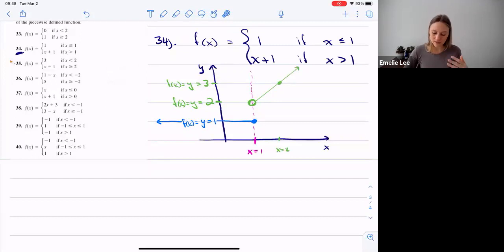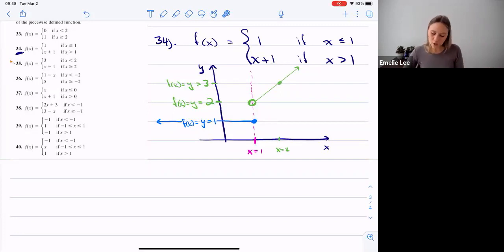So being able to read these piecewise defined functions, we need to be able to do that. This was a nice and easy example, so we can do this by hand. It's just a horizontal line, and then a line with a slope of 1. So we can deal with that.